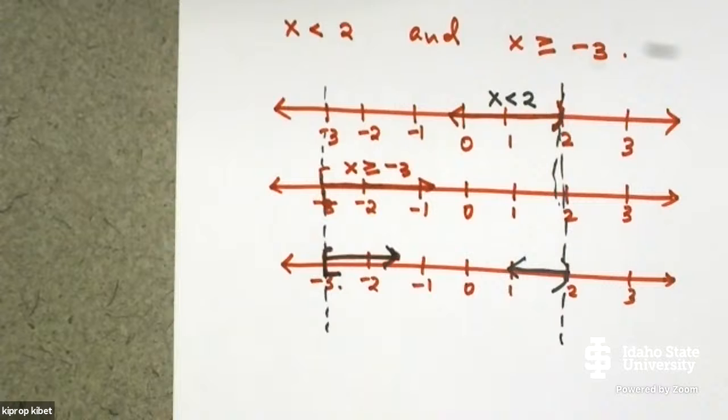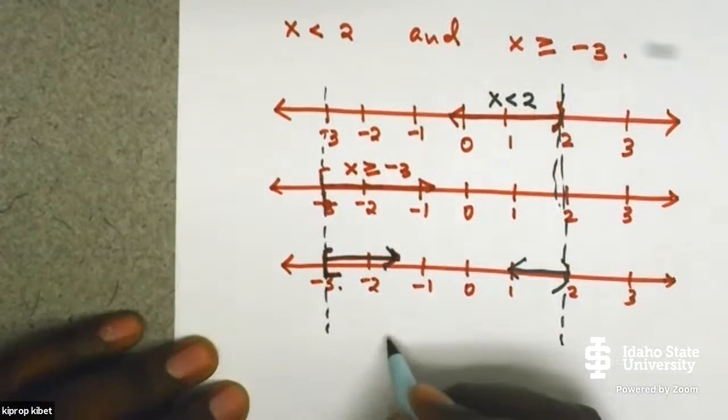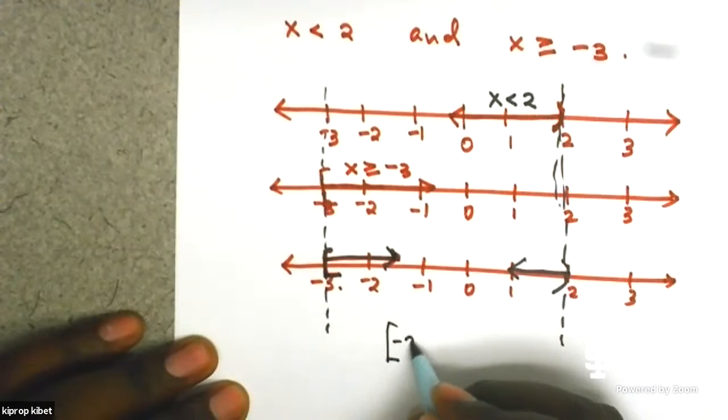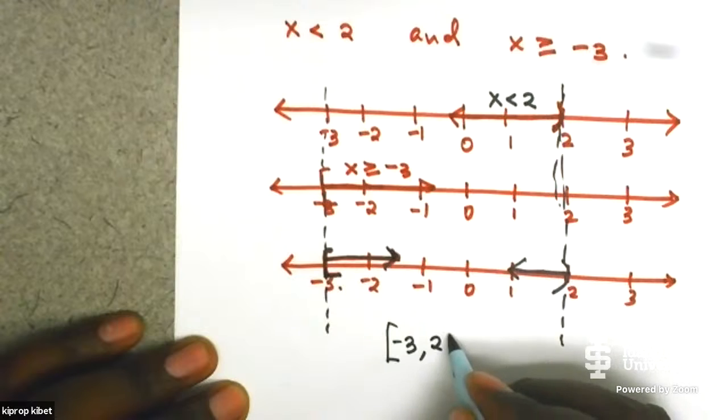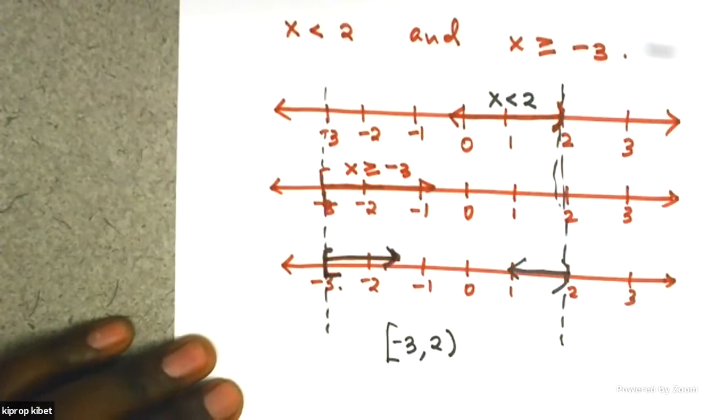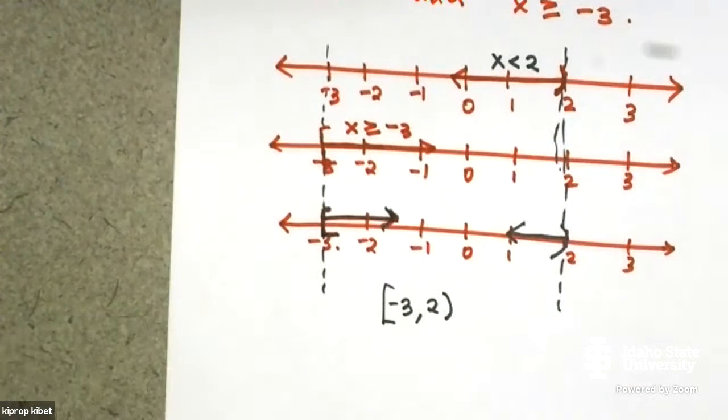So for it to satisfy both the inequalities, all those values should be within this. So therefore, our interval notation will be what? Right. So it will be bracket, negative 3, and 2, and then parentheses. It's very easy, right?